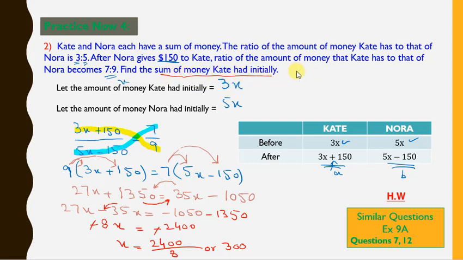So you will write the sum of money Kate had initially equals, since I am running short of space over here, so I am writing it over here, 3 times x, and x is 300, so I will substitute 300 over here and multiply it, 3 times 300, so that will be the sum of money that Kate had initially. So that will be the answer of this question.